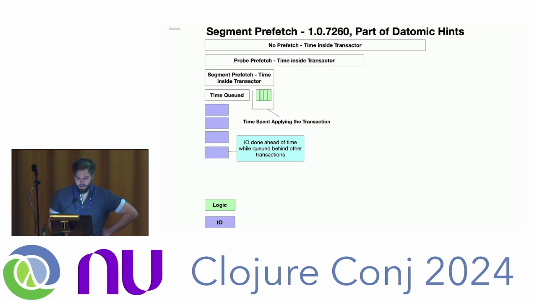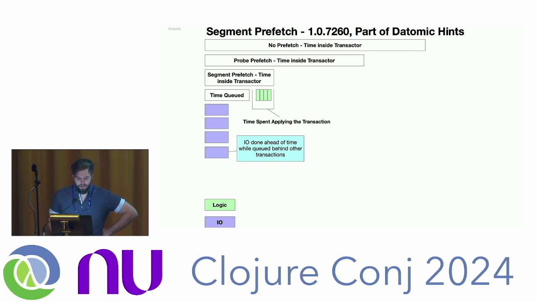This is what it looks like. We've got transactions queued inside the transactor, and we're fanning out the I/O, which means that most of the time spent actually applying the transaction is just on-CPU time, which is nice and fast.